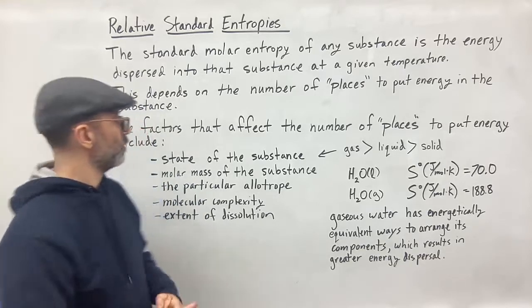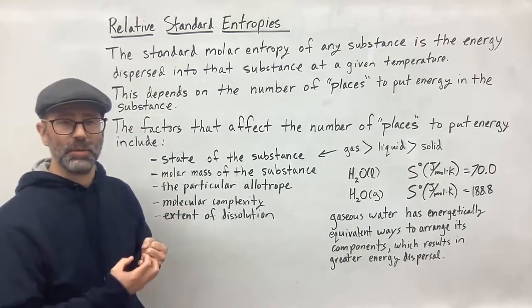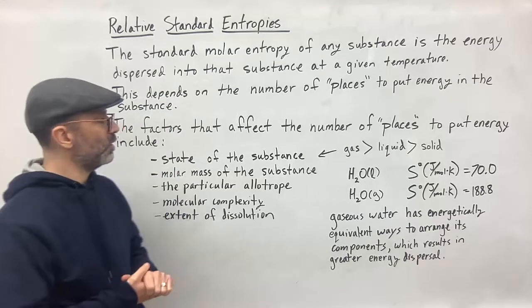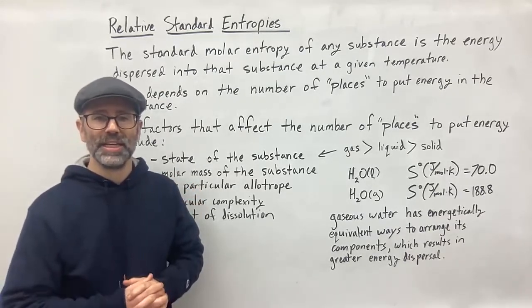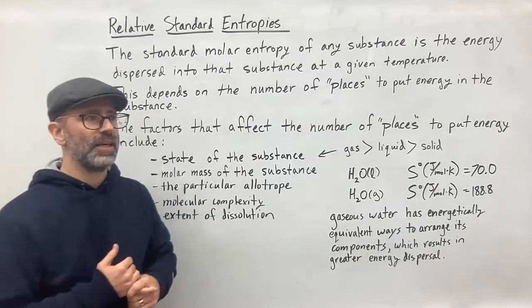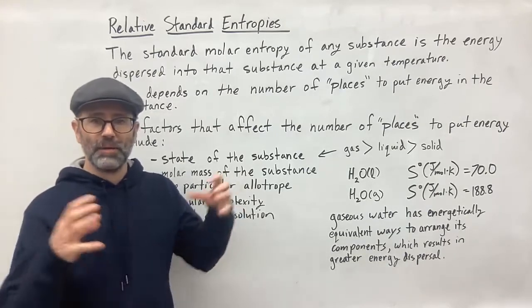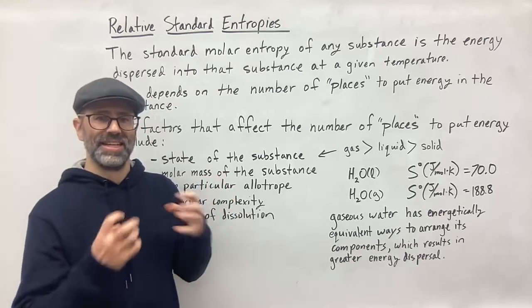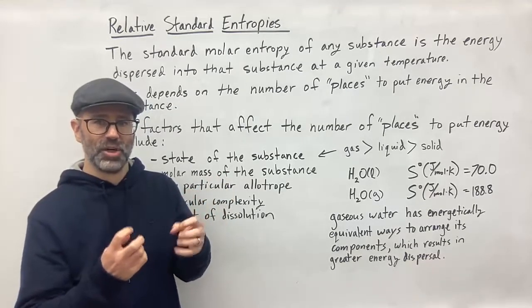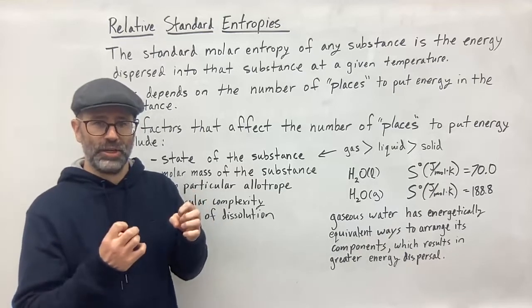And so, what are the factors that are going to affect these number of places, right? So, remember, when we're talking about places of putting the energy into the substance, we're thinking of things like, for example, if you're in a solid, then the only place you can put the energy is into the vibrations of the solid. So all you have is vibrational energy.